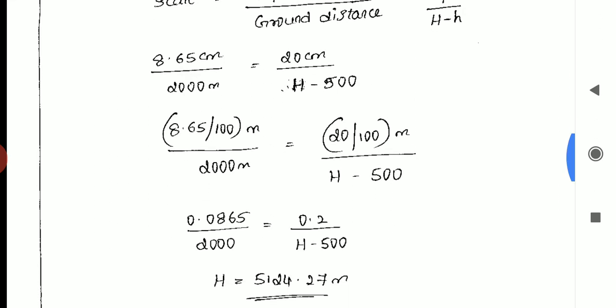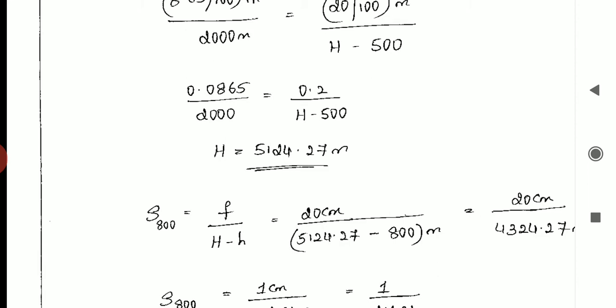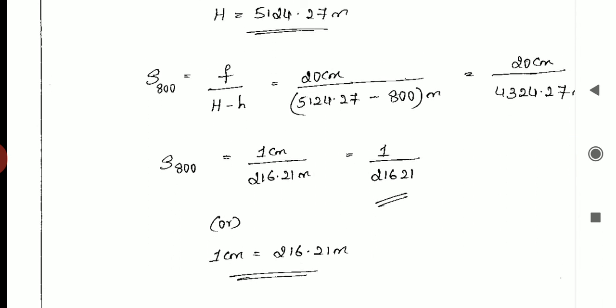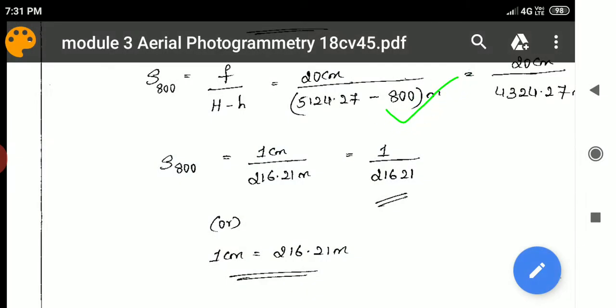By using all these we will get capital H, the height above the mean sea level. With h equal to 800, we will get the S value.